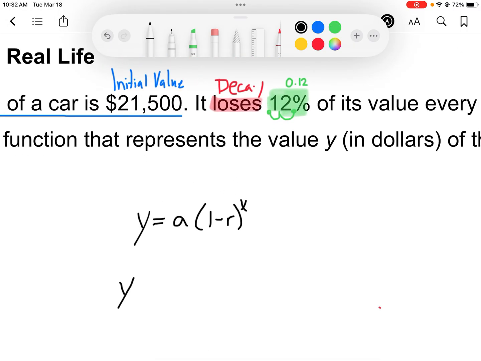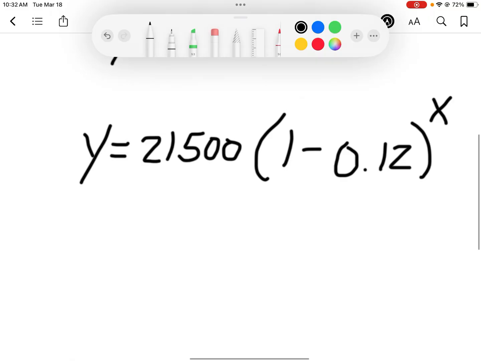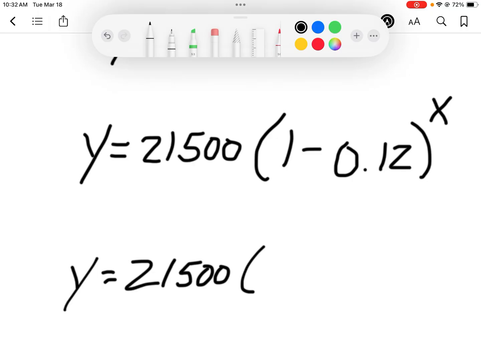Now we'll just fill our things in. The value will be equal to the initial value times 1 minus our rate raised to the x. And let's simplify this a little bit, and then we're going to just plug in a value, a time.